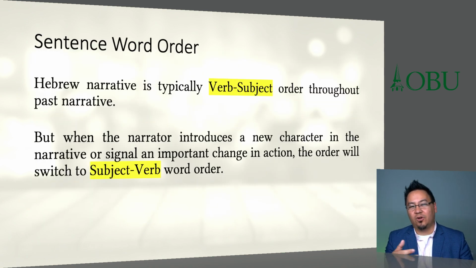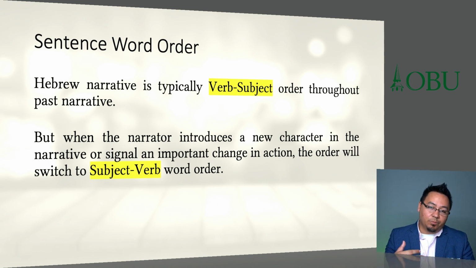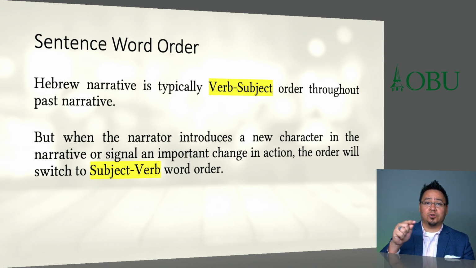But then whenever we talk about syntax, we can also talk about word order. Hebrew prefers verb then subject in the word order of verses or sentences, okay? Verb then subject. Sometimes you will read in your Hebrew Bible and you will notice it will start out with a subject, then a verb.